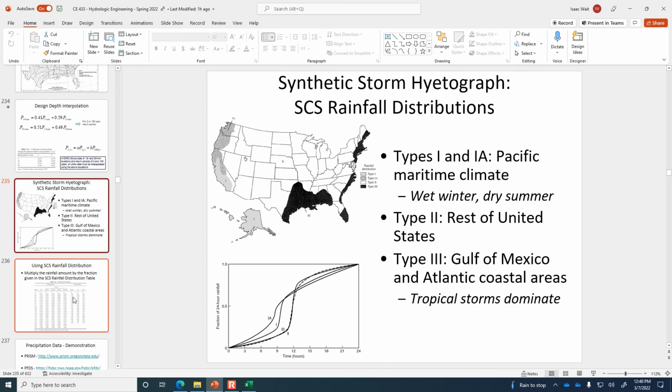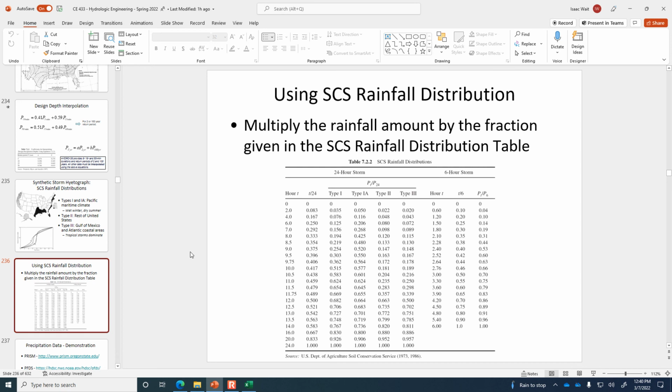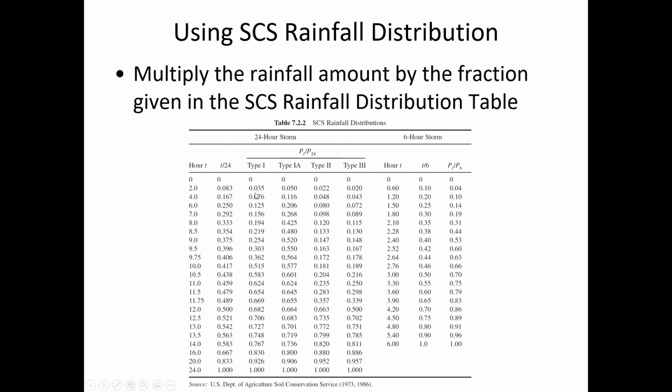This temporal distribution. So the 2.64 inches that we just talked about, here in West Virginia we are type 2 storms. So if it's 2.64 inches in a day, then this tells us how much of the precipitation has occurred up until what point during the day.